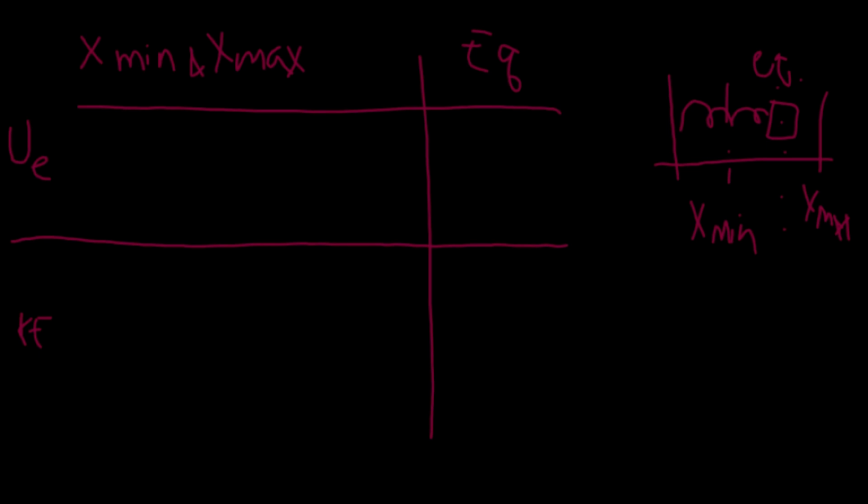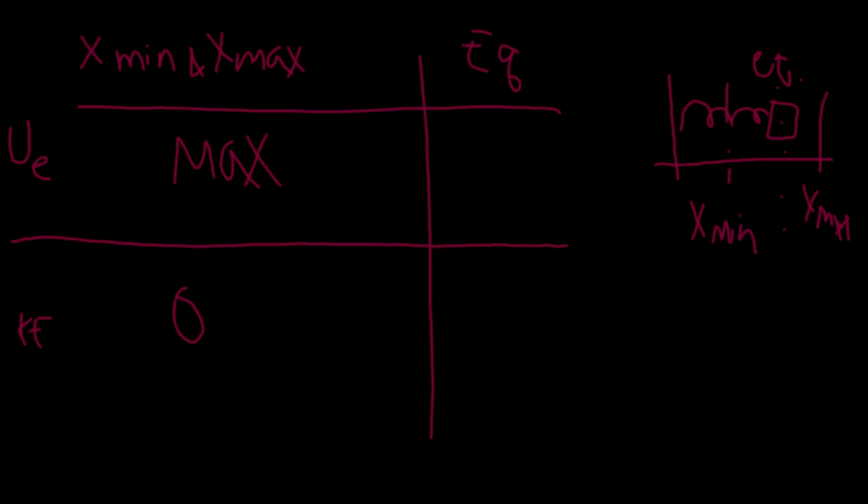Alright, so at x min or x max, our spring or block is being released from rest. So here we are going to have 0 kinetic energy. And at that point, 1/2 kx squared, x is going to be at its maximum. So we are going to have maximum elastic potential energy.